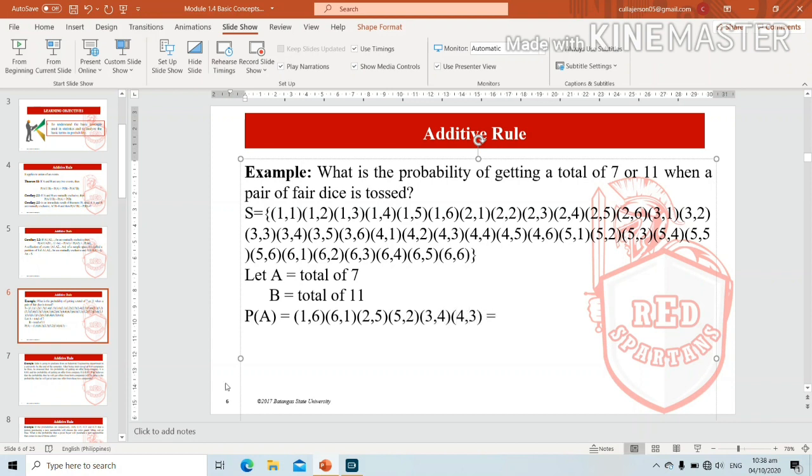Meron tayong 6 na sample points. Ibig sabihin, ang probability niya ay 6 over sa total natin na 36. So 6 over 36 ang probability na ang lalabas ay 7.